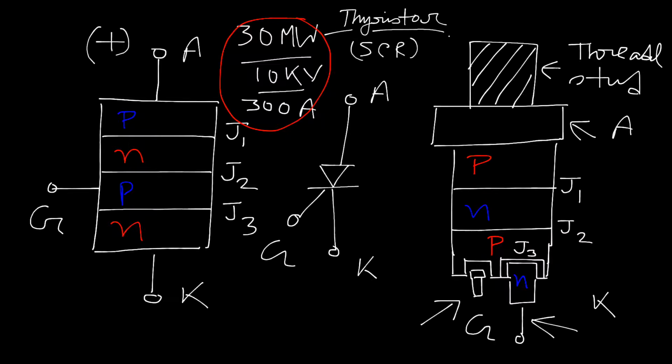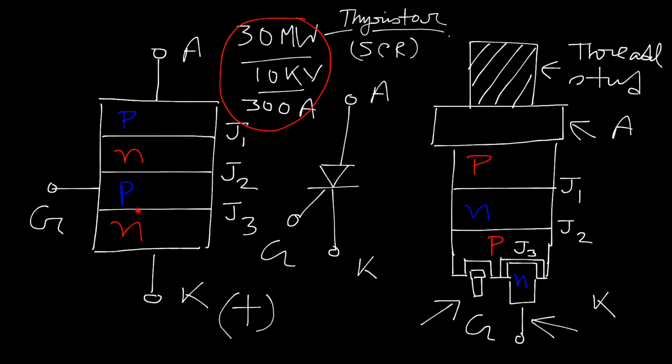Now think about the reverse biasing condition. Suppose the cathode is more positive with respect to the anode, so current tries to flow from cathode to anode. In this particular case, what happened?